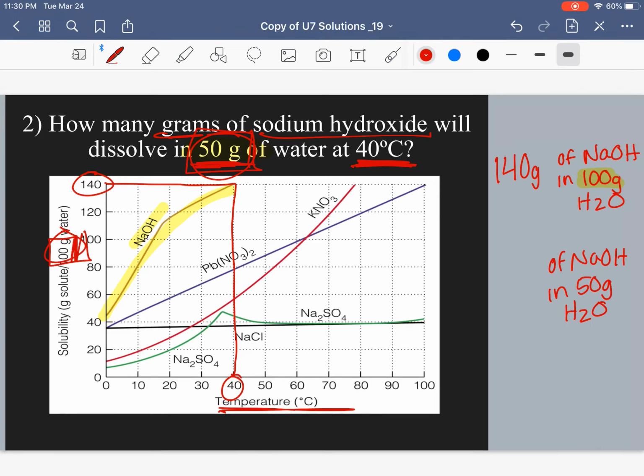Think, you just have half the amount of water. If you were dissolving sugar in 100 grams of water, but then you cut away half of your water, half of the sugar would dissolve, right? So instead of 140, you have 140 divided by 2, so 70 grams of NaOH would dissolve in 50 grams of water. Again, this is half of 100, so then 70 is half of your 140. All right, so that's where this number is important.